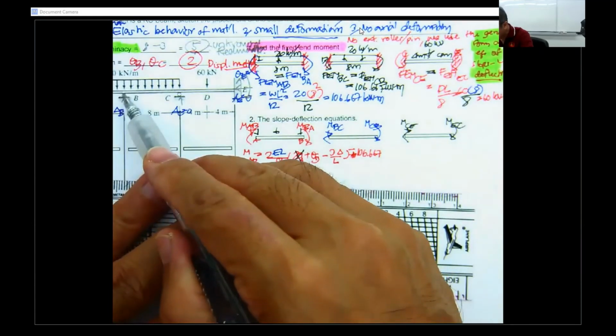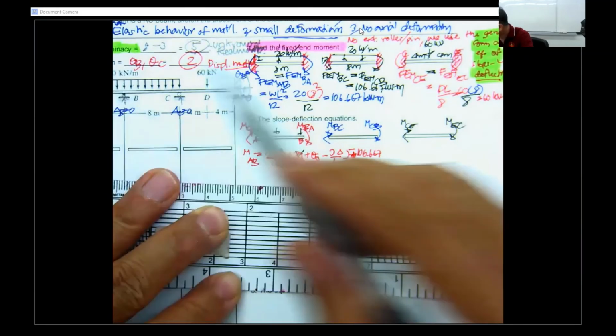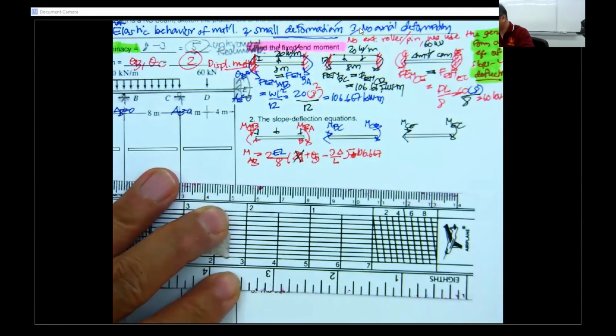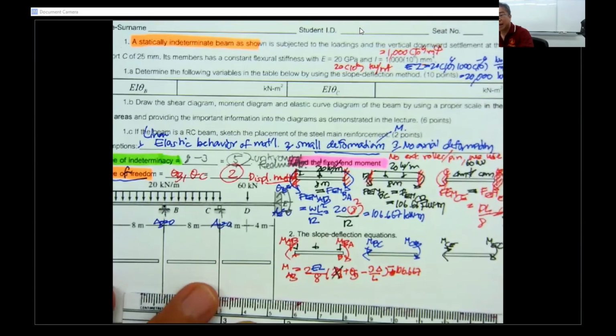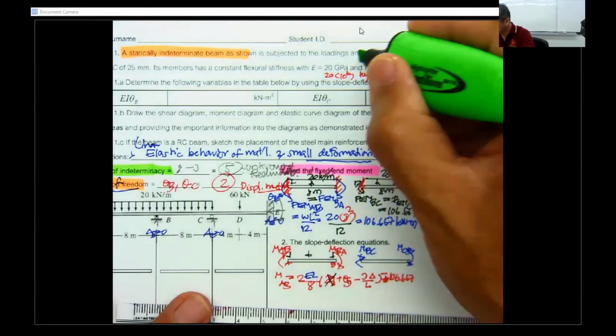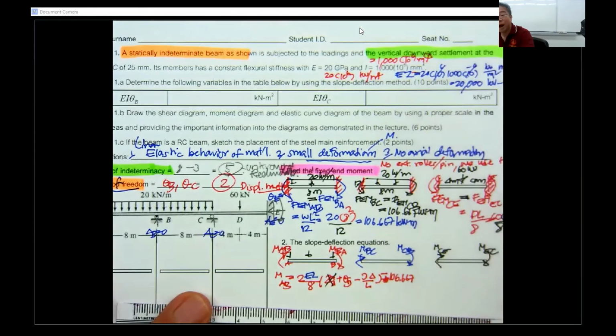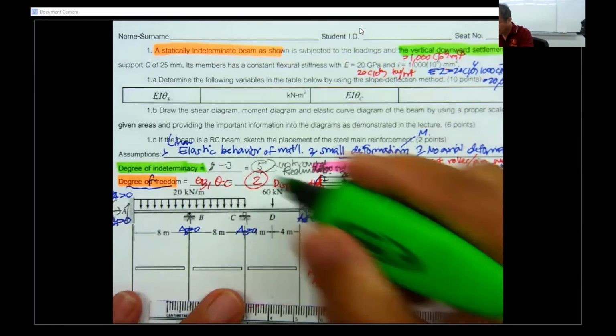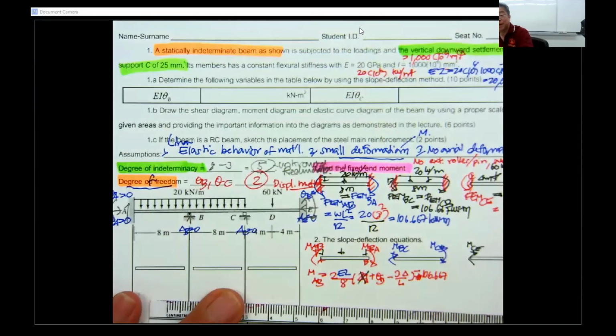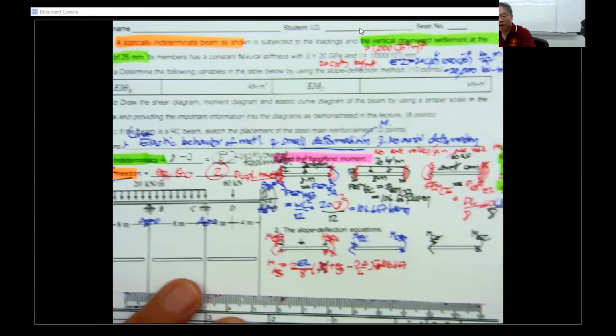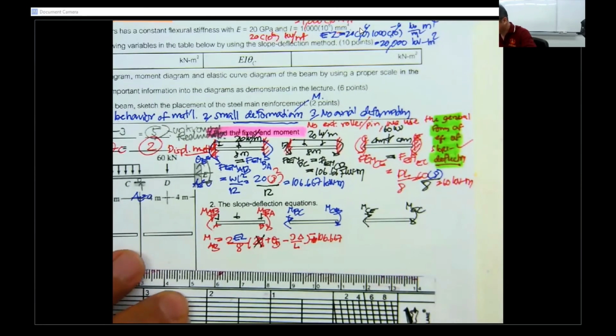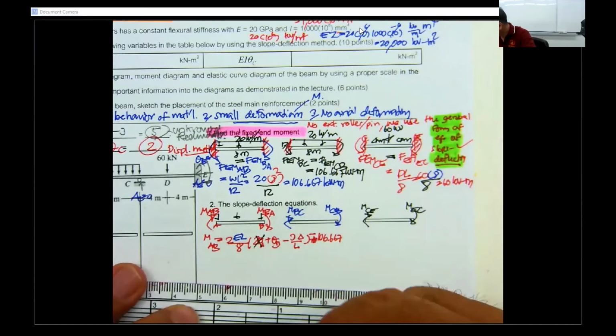Okay, B has no settlement. The problem said there is a vertical downward settlement, but it occurs at C, not B. Okay, based on this, the answer is 0 for this term.